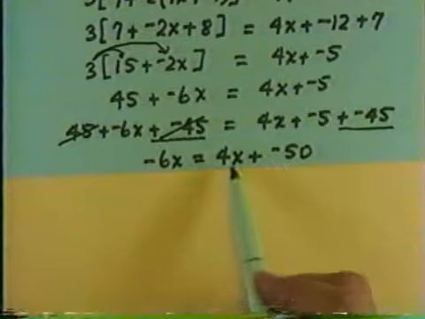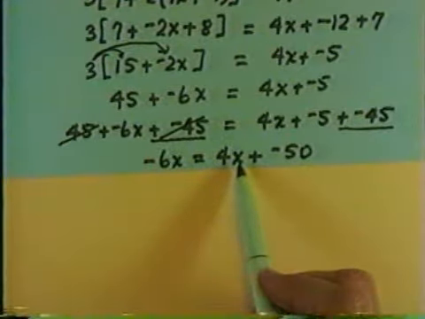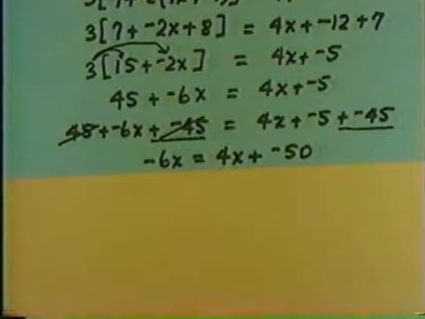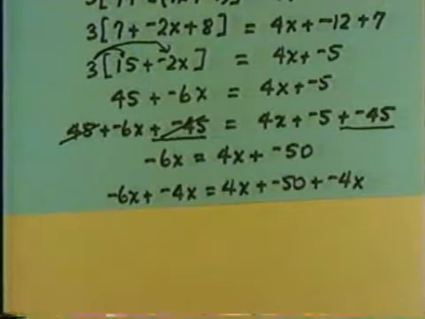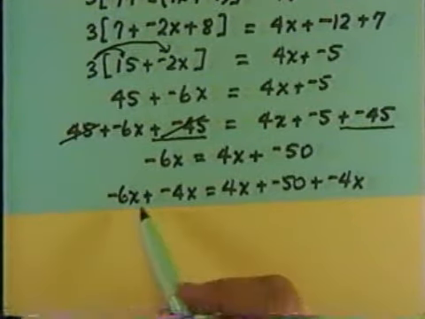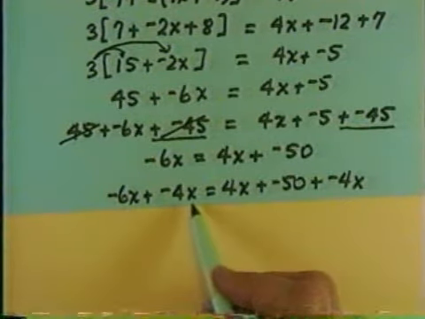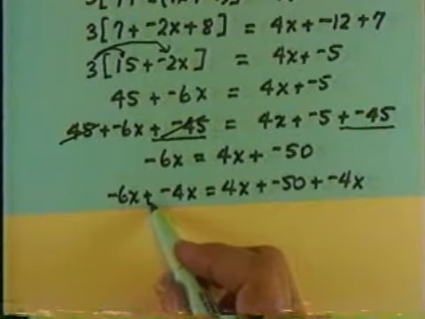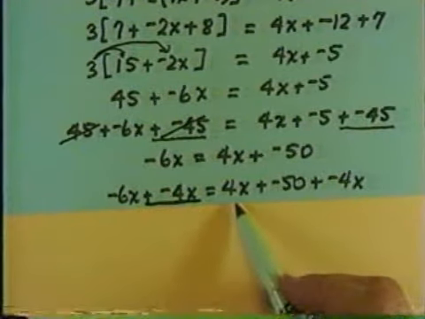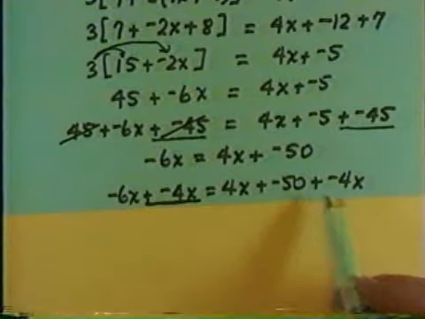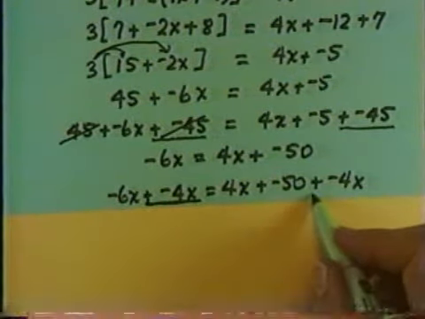We now are ready to eliminate the variable term on the right. The variable term on the right is 4x. We add its opposite, negative 4x. So we'll add negative 4x to both sides of the equation. This gives negative 6x plus negative 4x, that's the extra term, equals 4x plus negative 50 plus negative 4x, there's our extra.